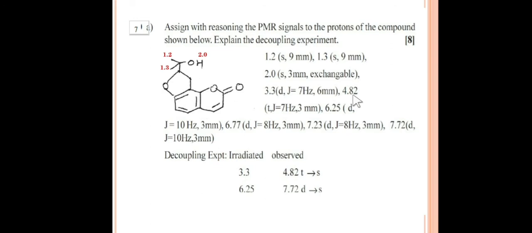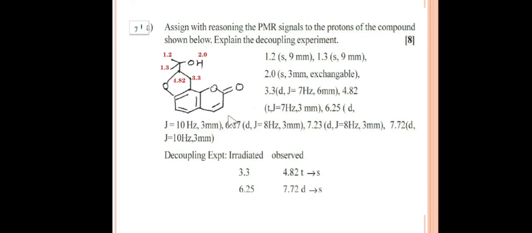We can easily identify that 4.82, due to this oxygen, is going downfield compared to this CH2. So 4.82 1H is nothing but this proton, and 3.3 is this CH2, which is showing a doublet due to this proton. So 3.3 is the CH2, easily identified.